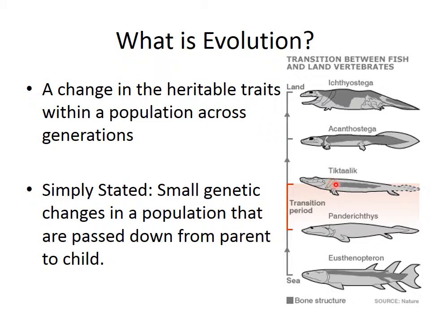Tiktaalik, even more so. We have, you can see a shoulder blade and a few bones in the almost arm. Yeah, it's still a fin, but it's almost an arm. Acanthostega is able to do a push-up. Ichthyostega, same thing.